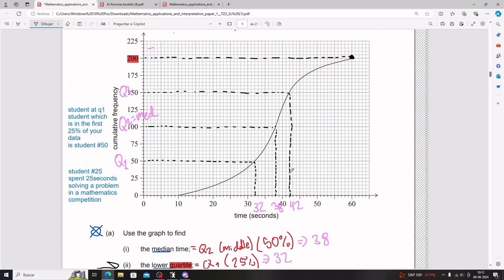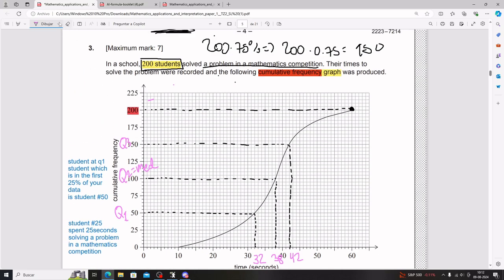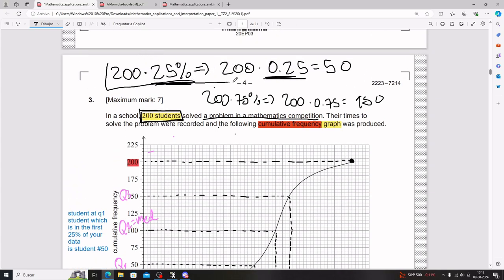Okay, so the main ideas which I think are important is, on the one hand, be careful with your total. Here we had 200 students, and so for finding 25% of that, you got to do 200 times 25%. A lot of times, instead of 200 students, you have 100. So it's much easier because 25% of 100 is student number 25. It's very straightforward when you have 100 as a total.